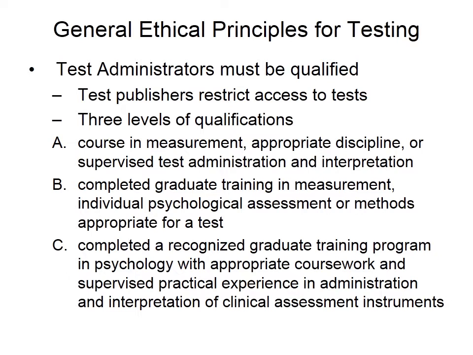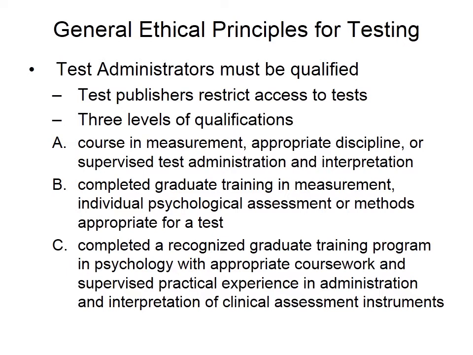But the first level is the simplest level. Basically, it's measuring whether you're competent to use a test based on whether you've had a particular course in measurement, maybe one single course. You might be specific to the discipline that's being tested. So, for instance, if you have a lot of training in clinical psychology and it's a clinical assessment, or maybe it's even just an assessment on depression, and that's actually your discipline, is that you're a depression counselor.